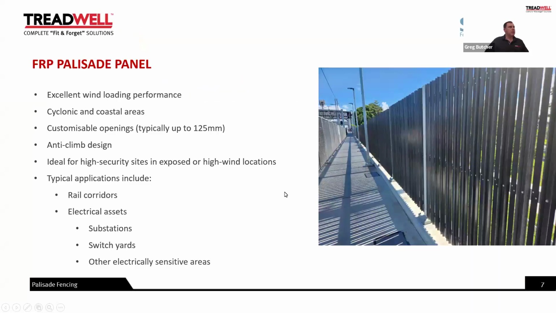So fencing and screening options that are available within the SecurEX range are relatively broad. We've got the FRP Palisade panel product range, which, as you can see in the photo on the slide here, has a typical post and rail and then a Palisade picket style arrangement, with customizable spacings of the pickets, and security fasteners can be incorporated into the design, so it's completely anti-climb and can be designed to most wind load applications.